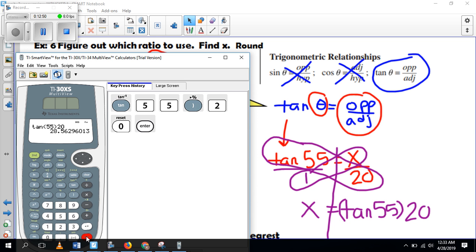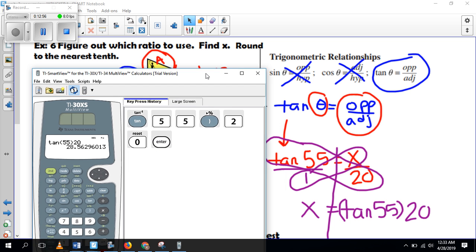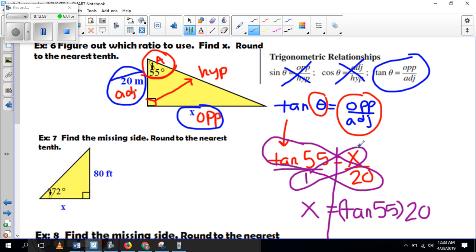And we should get 28, and I think it's set to round to the nearest tenth. Wait a minute, where did it go? I forgot the answer. 28 point something.